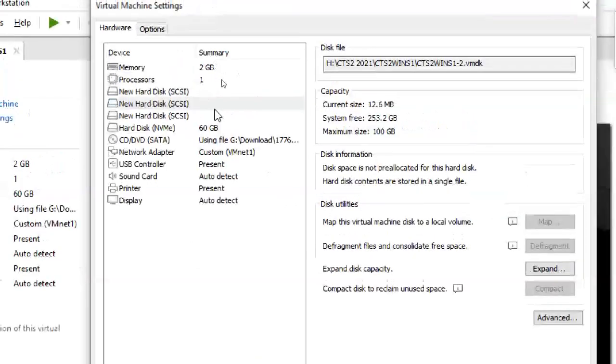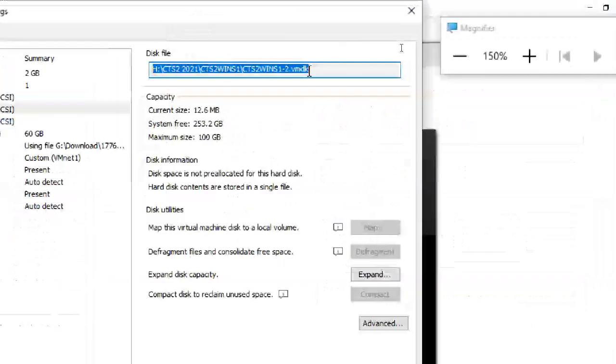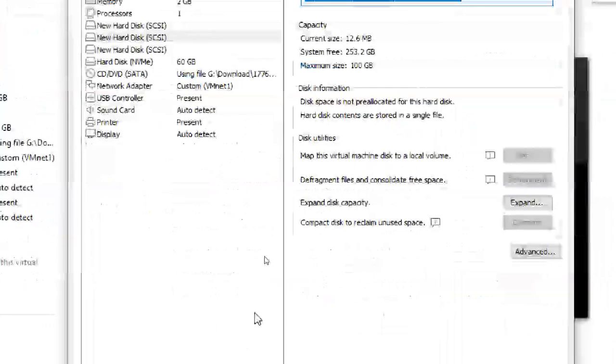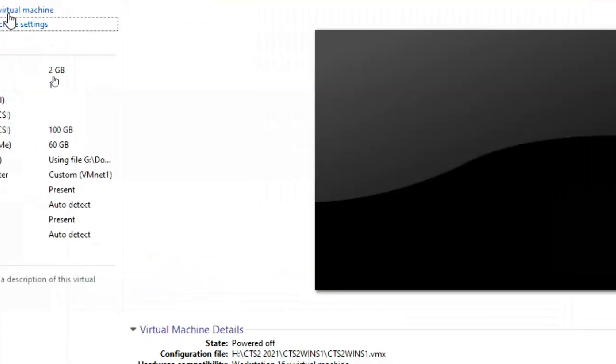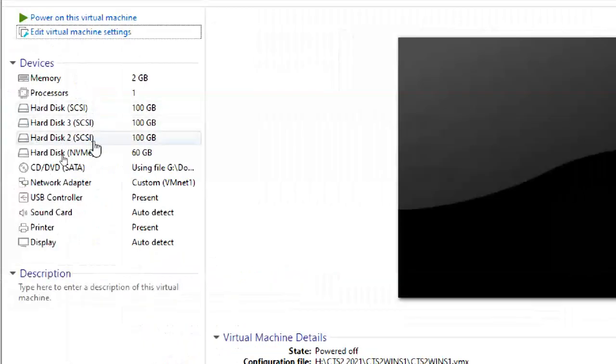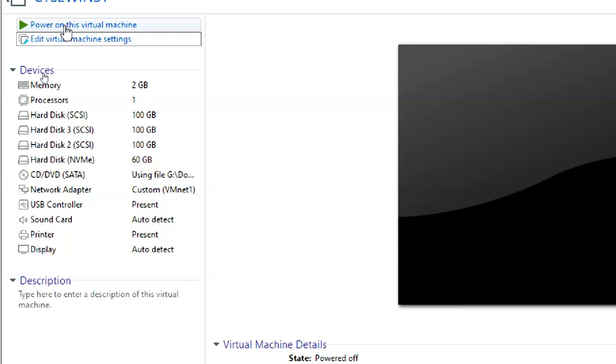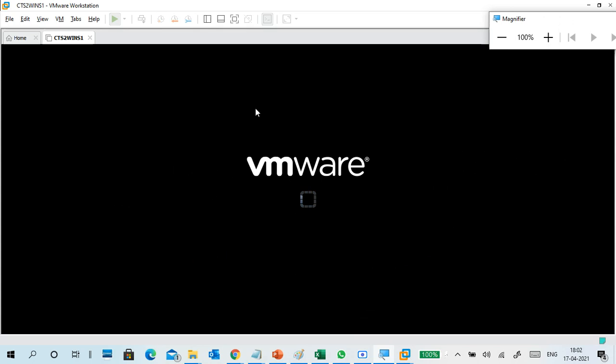Okay, 3 disks are added. It is not showing the size here. Maybe it will show later, but it is there. Click OK. Now it will add. So see, 3 disks are added. Now power on the virtual machine. I can increase the size of the machine to make it faster, but I didn't increase my RAM.